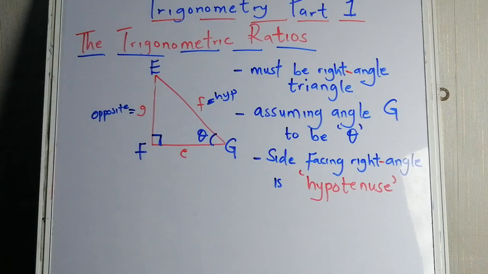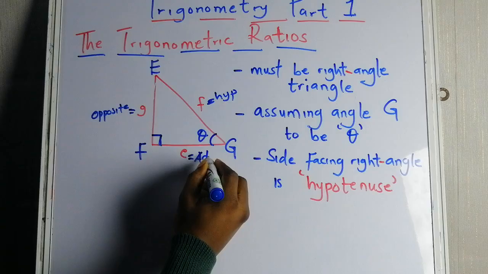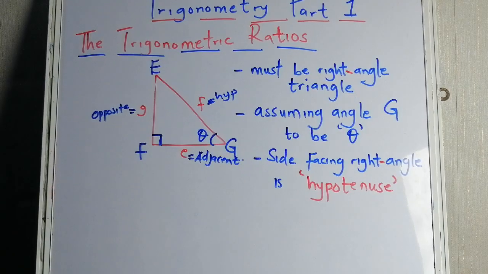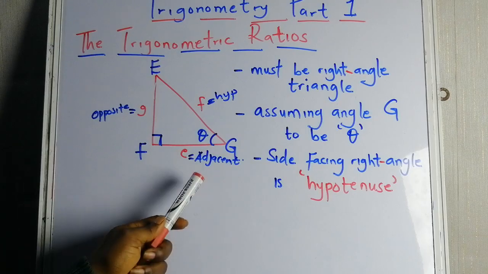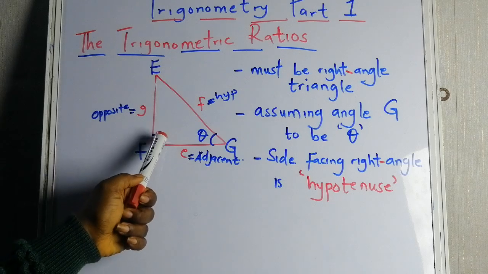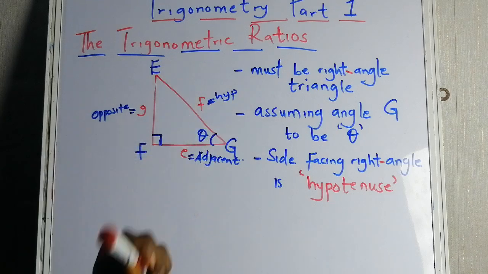And obviously, the last one is called adjacent. I hope I'm correct. Very simple. Where the right angle is facing is called the hypotenuse, represented by small f.